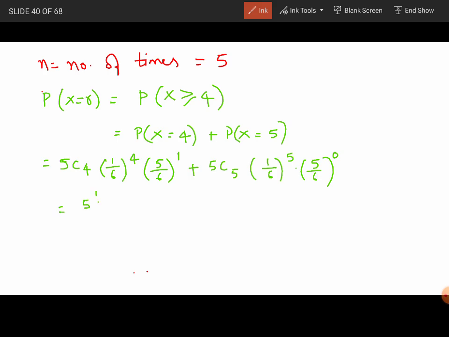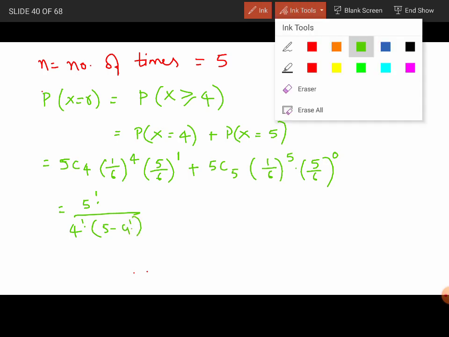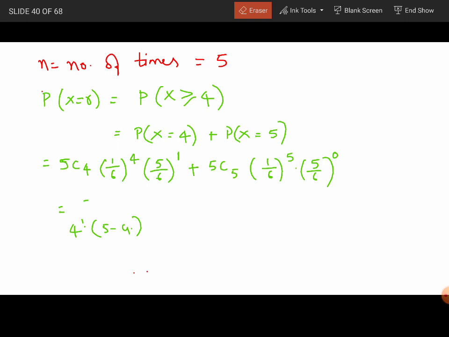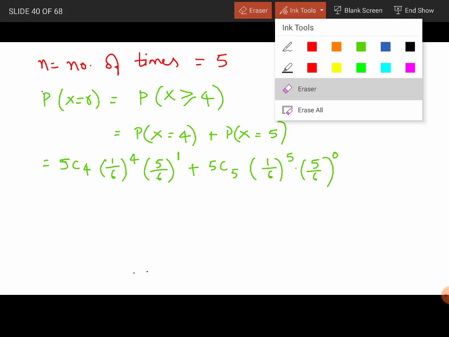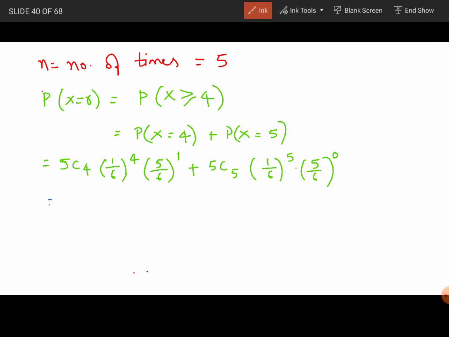So here it would be 5 factorial by 4 factorial into 5 minus 4 factorial, or I can directly write the simplification. After simplification, here 5C4 is 5, into 5 by 6, I will take it as 1 by 6 power of 5, plus this would come to 1 by 6 whole power 5.